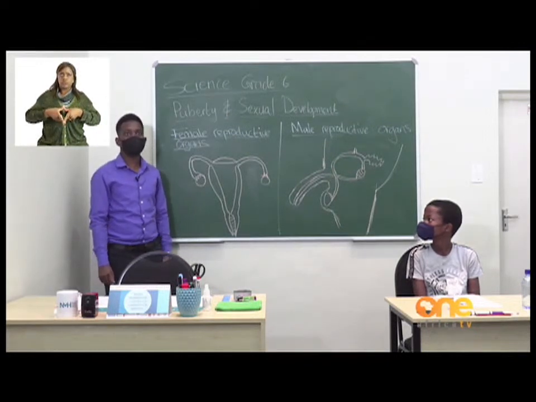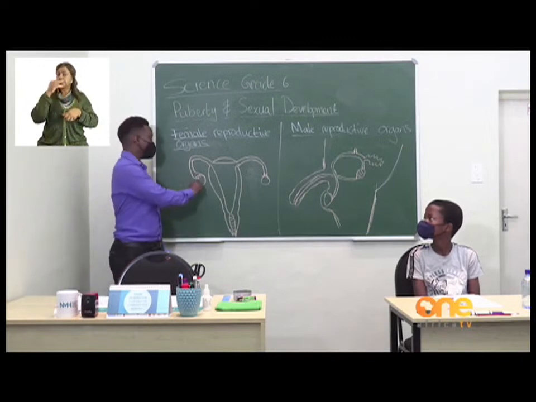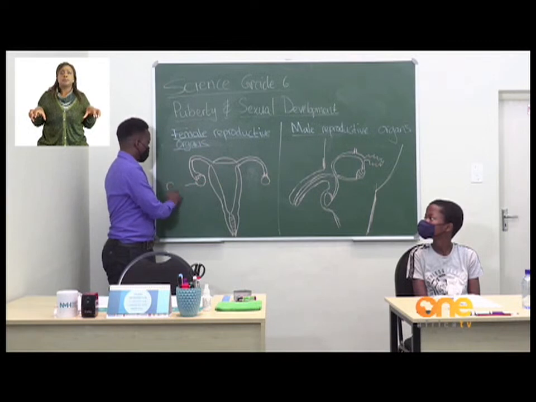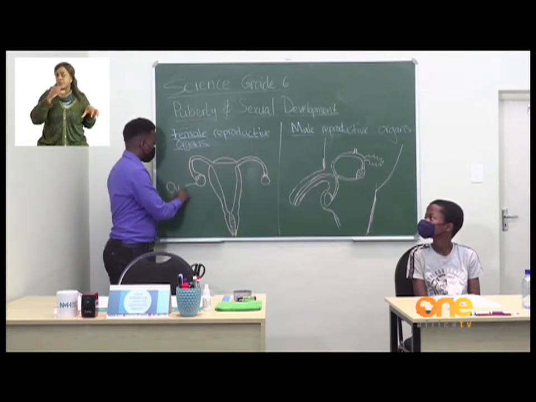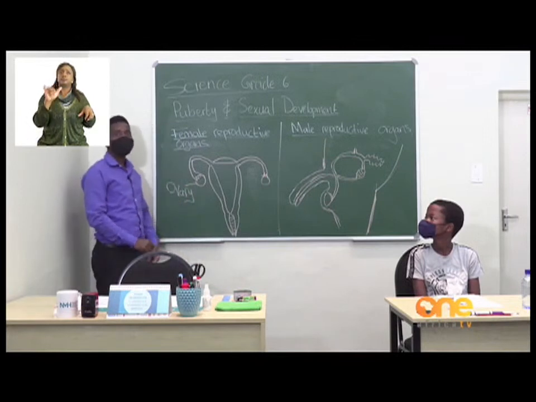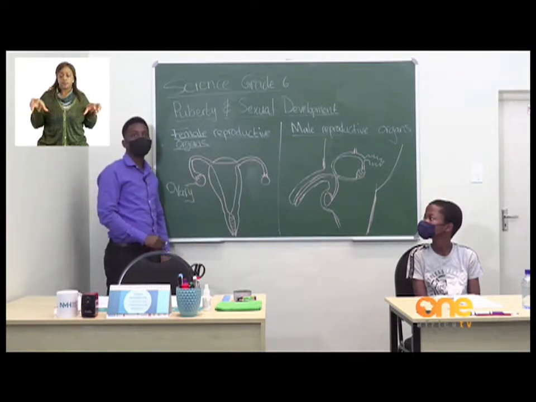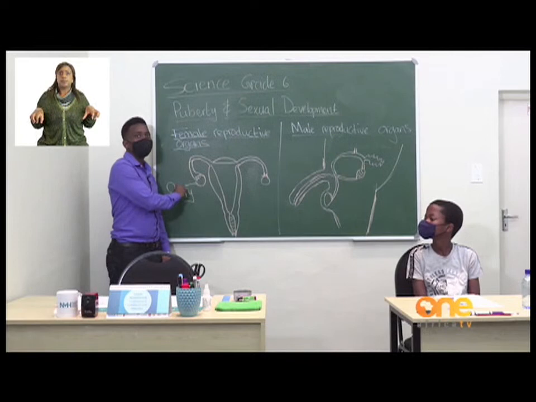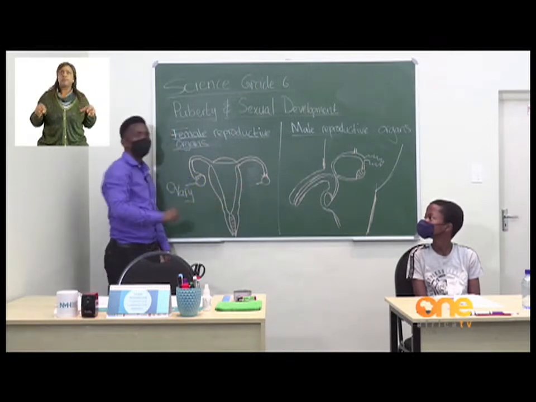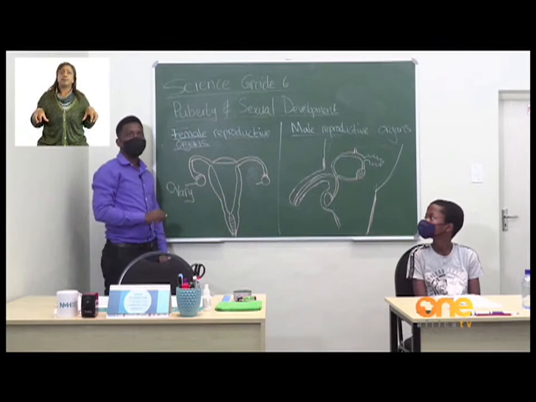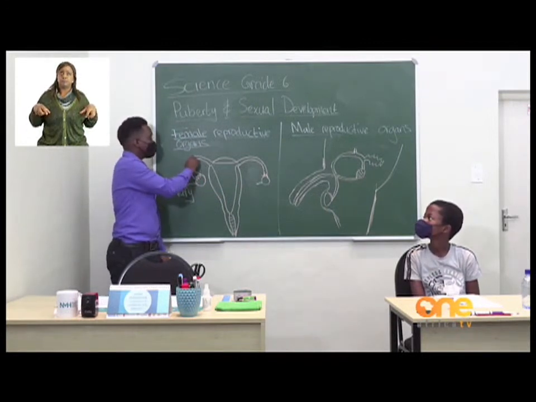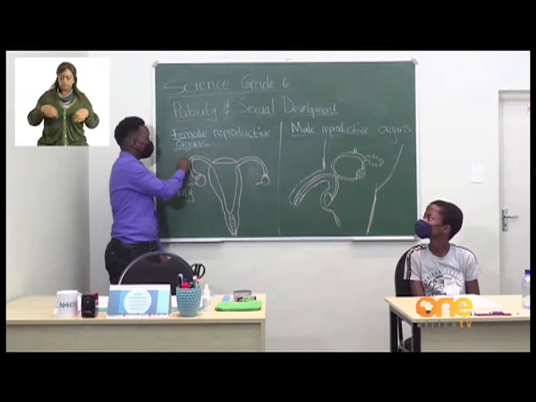The first one that we have on my left here is the ovary. Now, the ovary is a structure that is both on the left side and also on the right side. That is the ovary. Then from the ovary, we have another structure, which is right here.